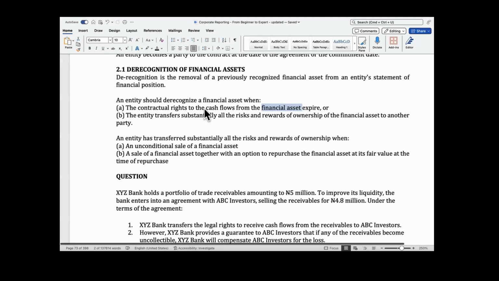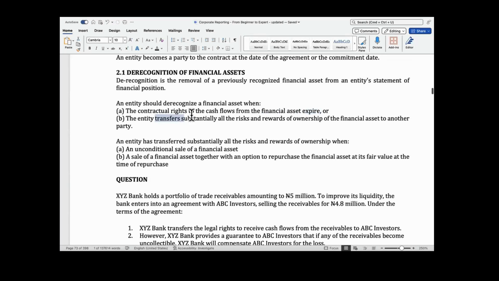Or the entity transfers substantially all the risks and rewards of ownership of the financial asset to another party. When the entity transfers substantially all the risks and rewards of ownership to another entity, derecognize it, because you have transferred the risk and the reward.